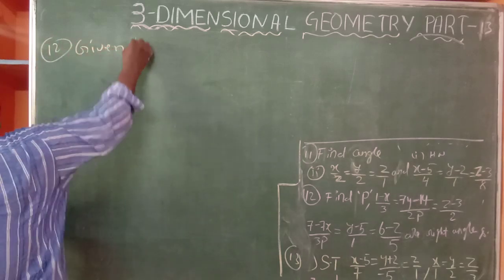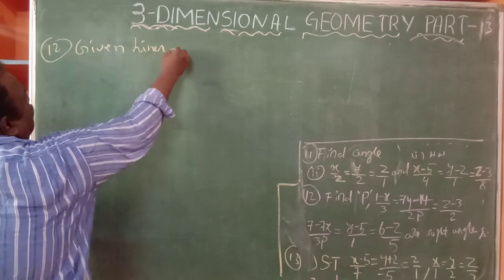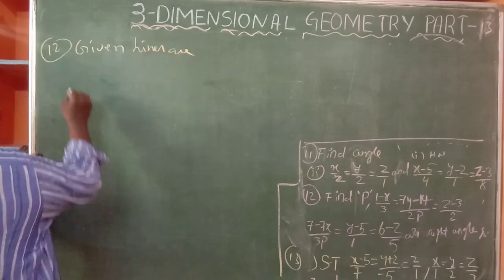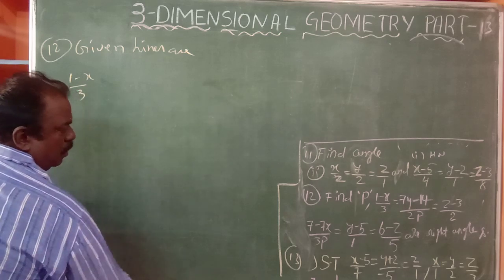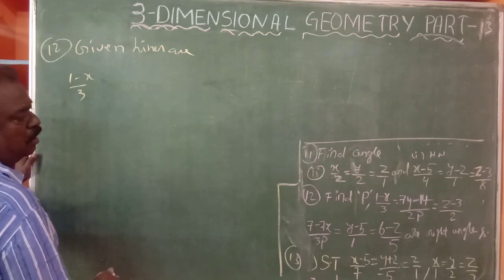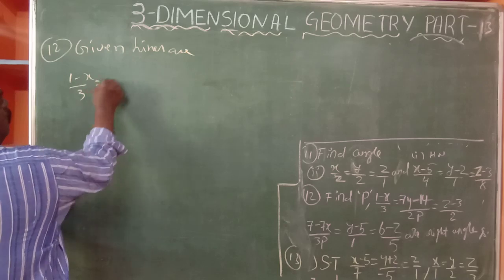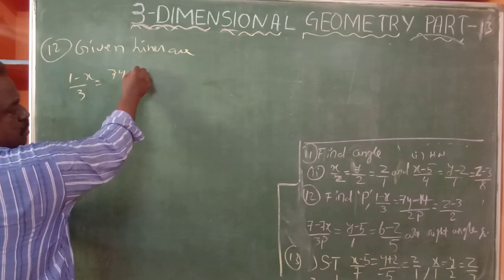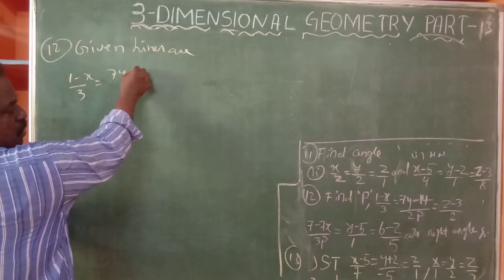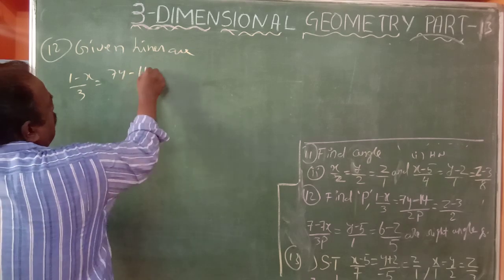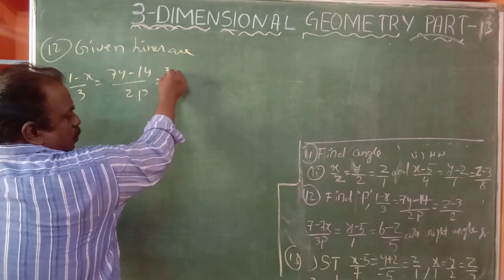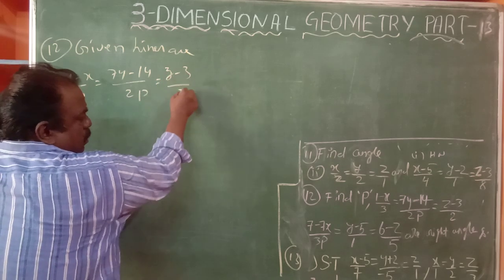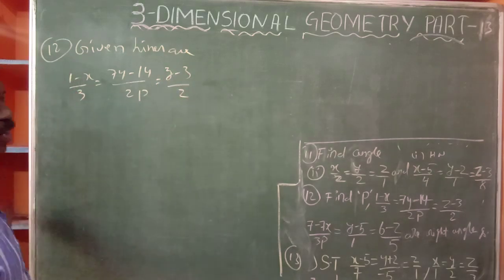The given lines are (1 minus x) by 3 equals (7y minus 14) by 2p equals (z minus 3) by 2. Is it correct?